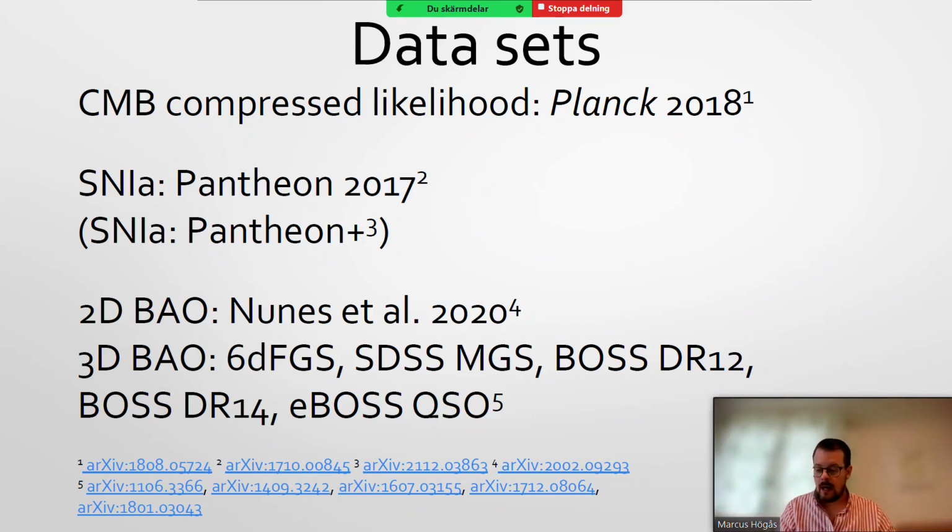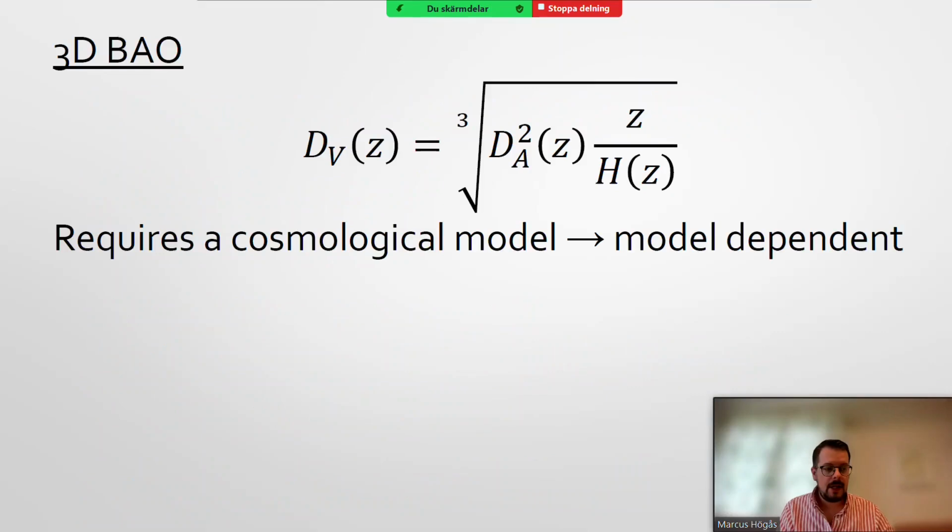But before I show you the results of the data analysis, I'll briefly discuss the differences between 2D BAO data and 3D BAO data. So ordinary 3D BAO data, as we typically use in cosmological data analysis, is based on, for example, counting galaxies and their spatial correlations in some 3-dimensional volume.